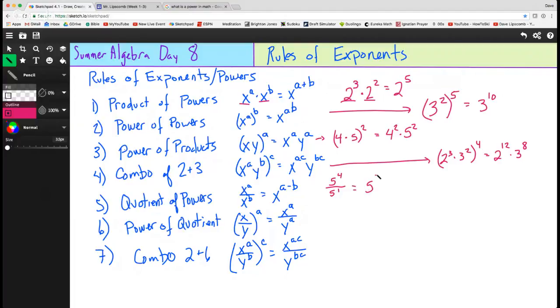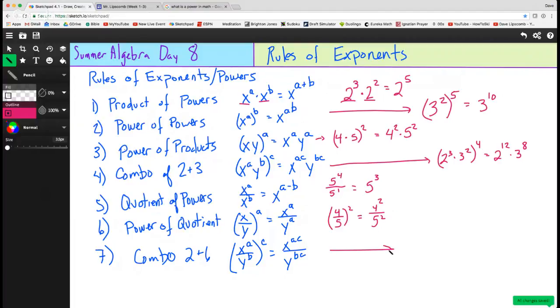That equals 5 cubed. If we divide powers with the same base, we just subtract their exponents. If we have 2 numbers divided, 4 fifths squared, that's the same thing as the numerator to the exponent divided by the denominator to the exponent.